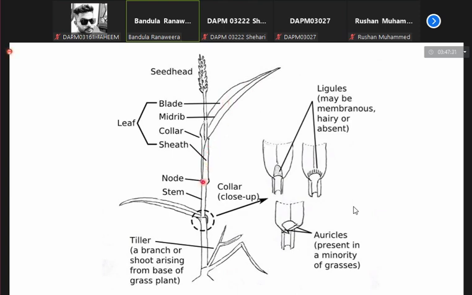This is the sheath covering the stem. It gives additional strength to the stem. Then there is a collar of the leaf at the base of the leaf blade. So this is the whole leaf, and the place where the leaf is attached to the stem is the node.